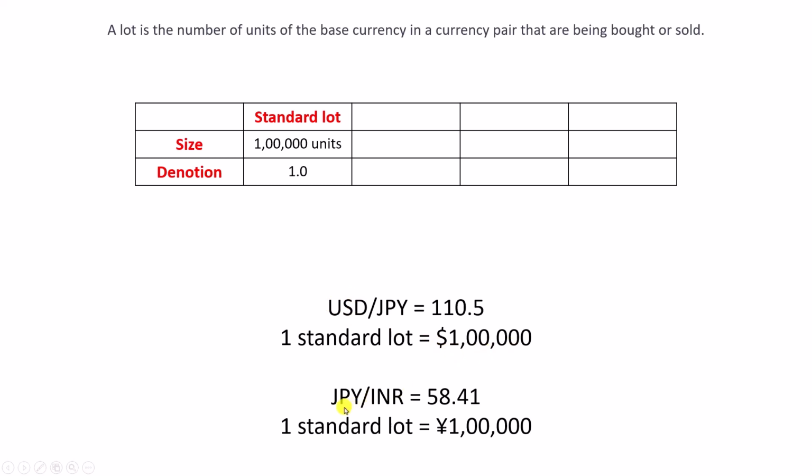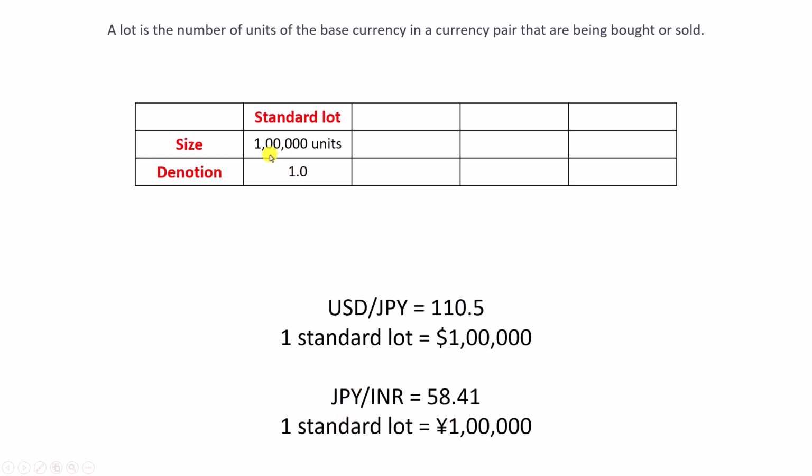In the same way, if you buy this currency pair and if you buy one lot, then you are buying 1 lakh units of base currency, in this case Japanese yen. So you are basically buying 1 lakh Japanese yen. Okay, so this is a standard lot.